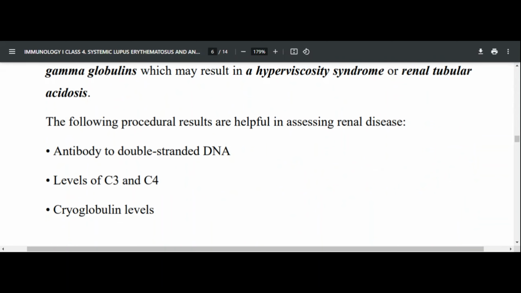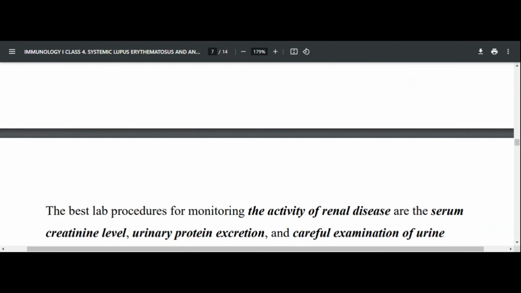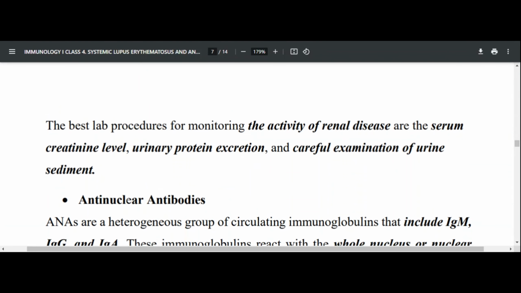So the following procedure results are going to be helpful for us: antibody to double-stranded DNA, antibody to C3 and C4, and antibody against cryoglobulin levels. The best lab procedures for monitoring the activity of renal disease are serum creatinine levels, urinary protein levels, and also examination of urine sediments.